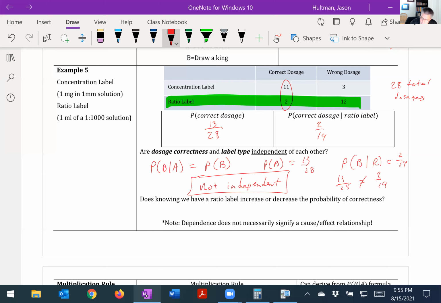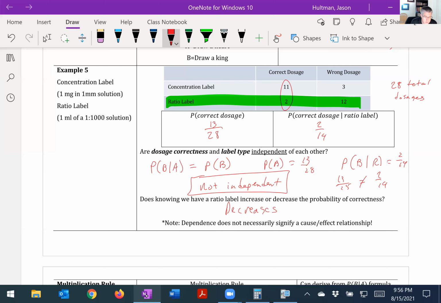Does knowing the ratio label increase or decrease the probability of correctness? It decreases. No, dependence does not necessarily signify a cause-effect relationship.